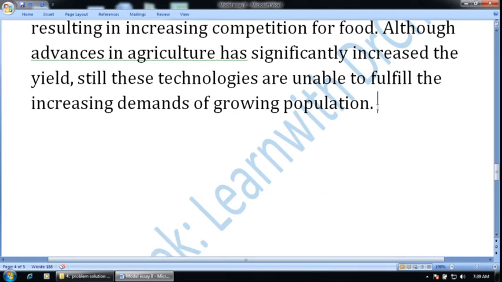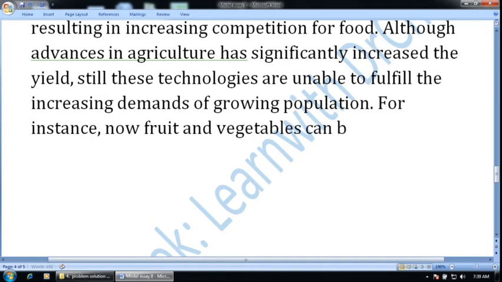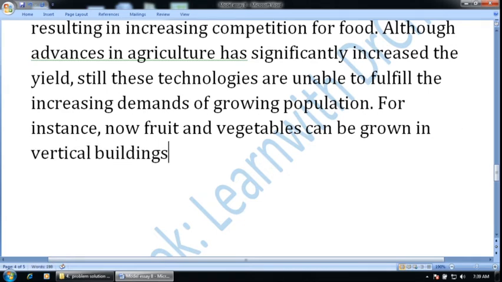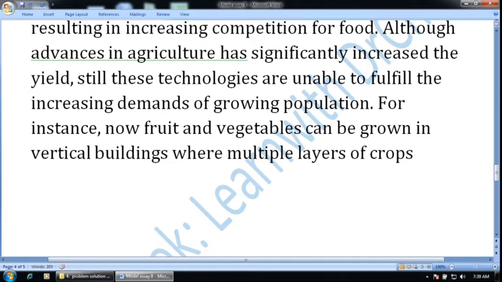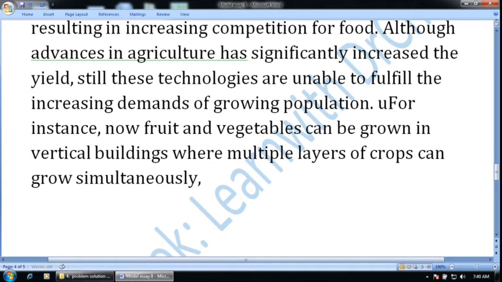Let us give an example to extend a bit more.